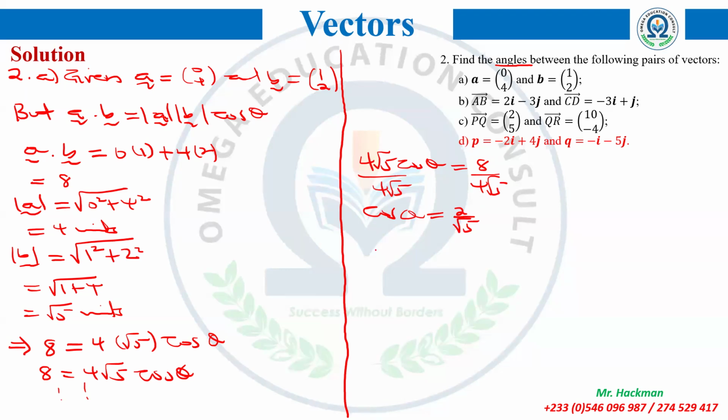So it means here theta will be equal to cos inverse of, you've all done trig, I guess, of what? 2 on what? Root 5. So use your calculator. I'm waiting for the value.